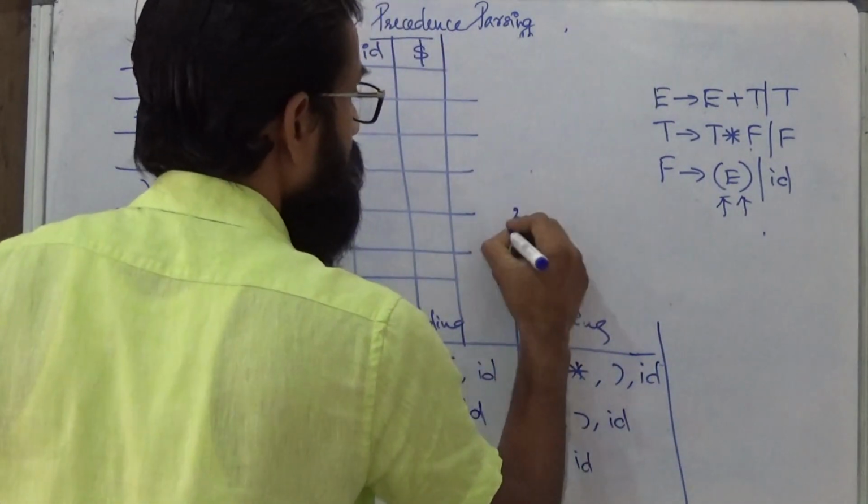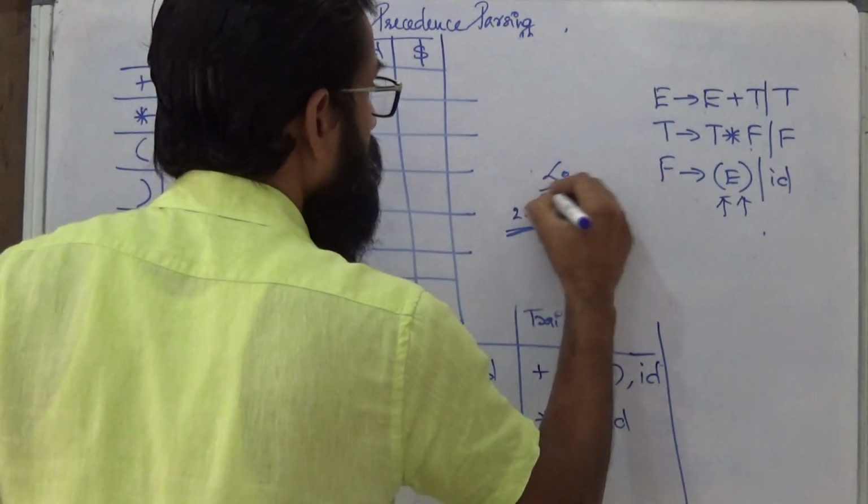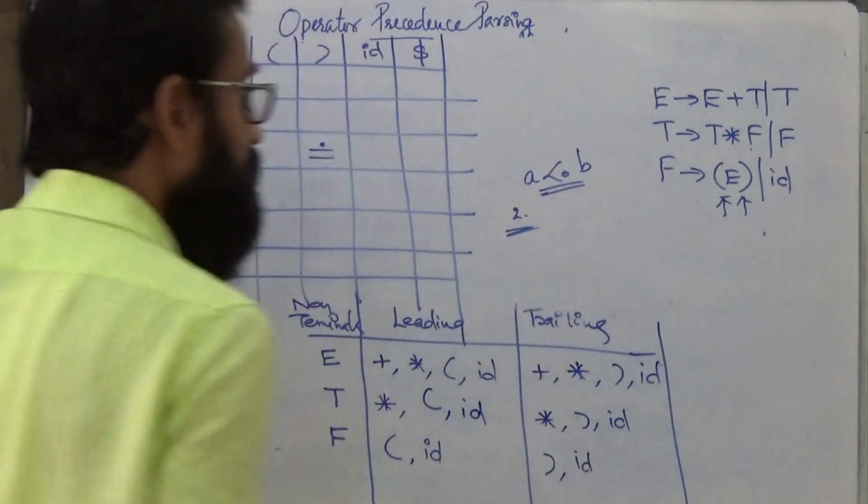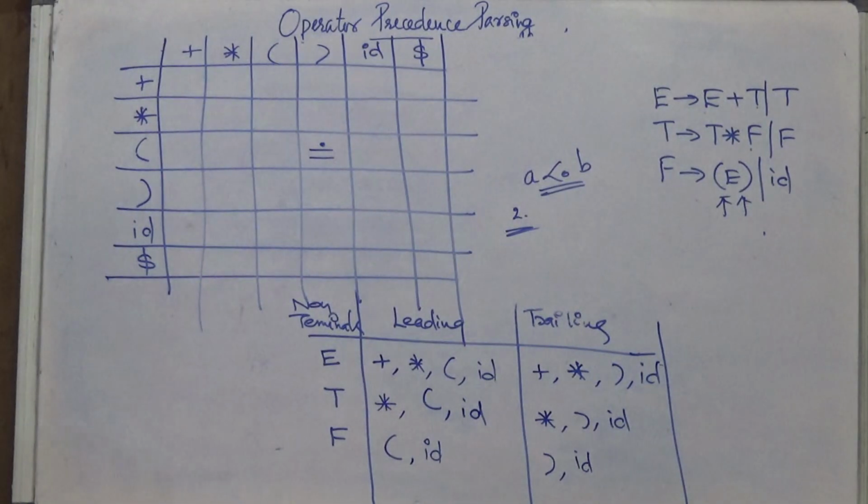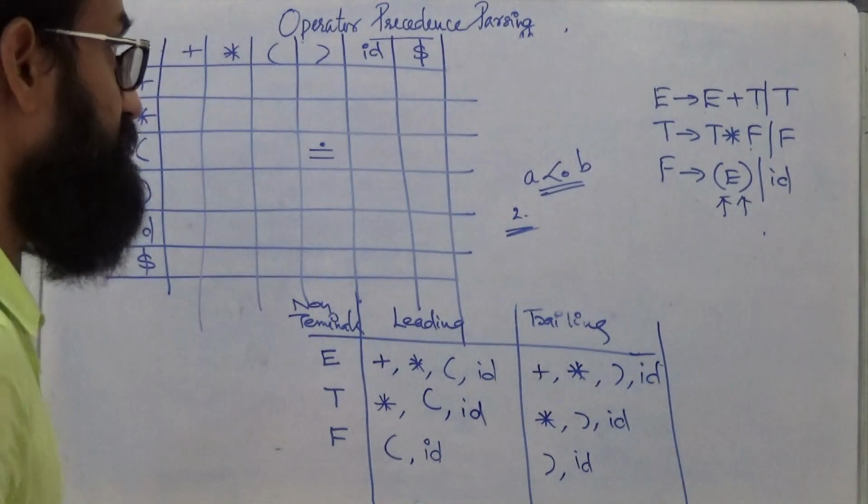Okay. Now second point, that is, you have to pull out all terminal pairs that are related with lesser precedence.